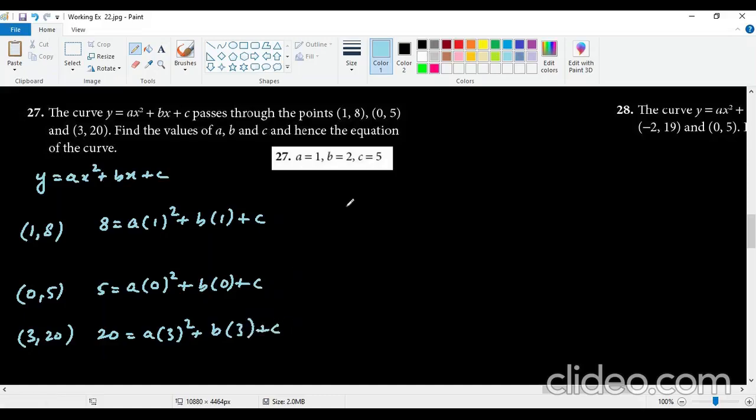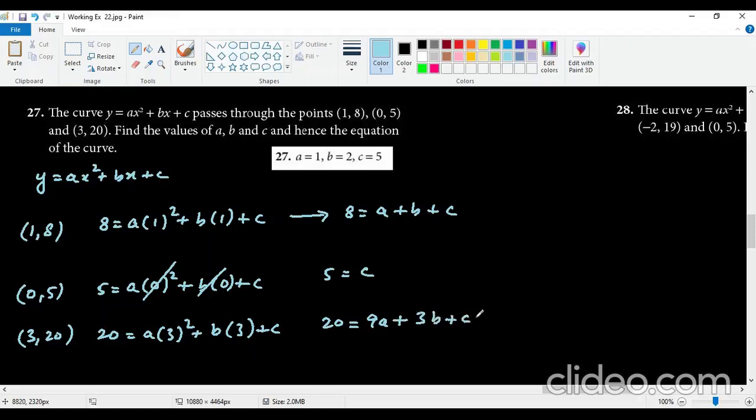So according to this, it's going to be 8 equals a plus b plus c. Second one is going to be 5 equals c, because both terms are 0. Now in the third one it is 20 equals 9a plus 3b plus c. These are the three things that we have found out.